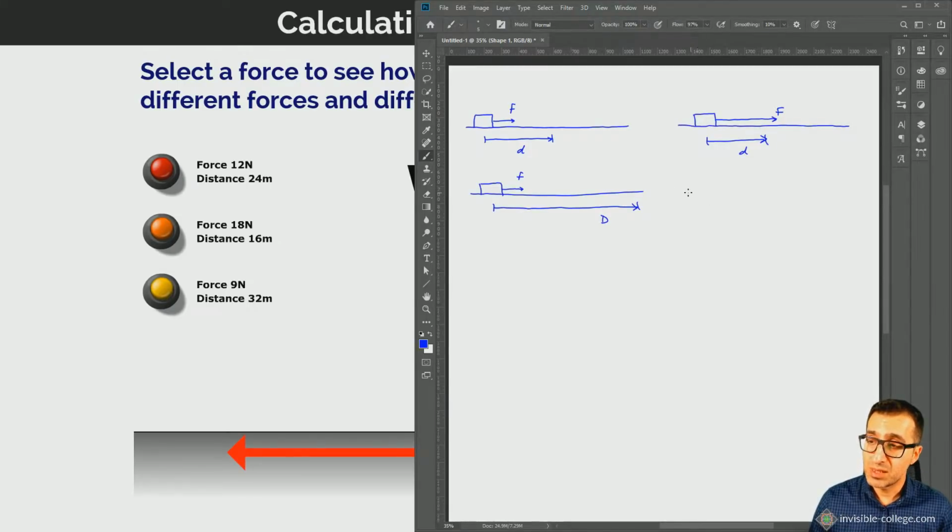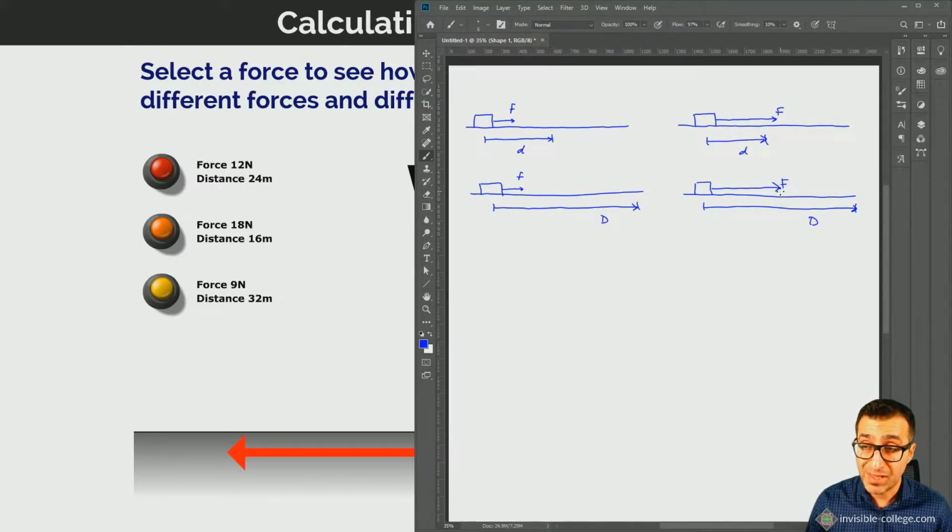Now let's look at this example again. If we were to apply this same larger force, capital F this time, to move this object over that much greater distance, displacement capital D, then of all of the situations we've discussed, this situation would involve a much greater expenditure of energy, a much greater transfer of energy than the previous three situations.